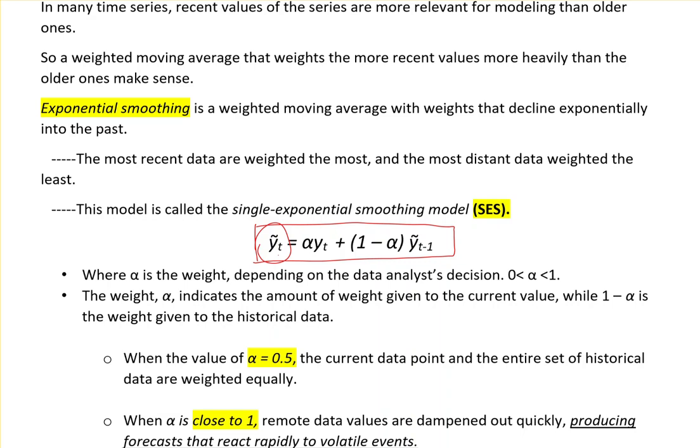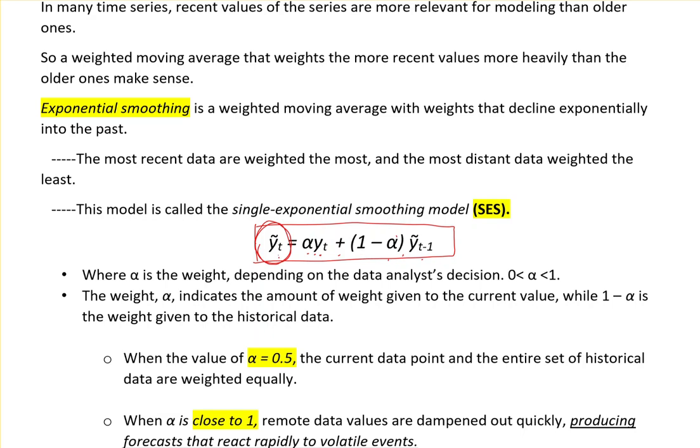Let's look at this formula. What does it mean? The estimated value for y at time t equals the weight of the current value times the current value, plus the weight of all previous values times the estimated value for the previous one.